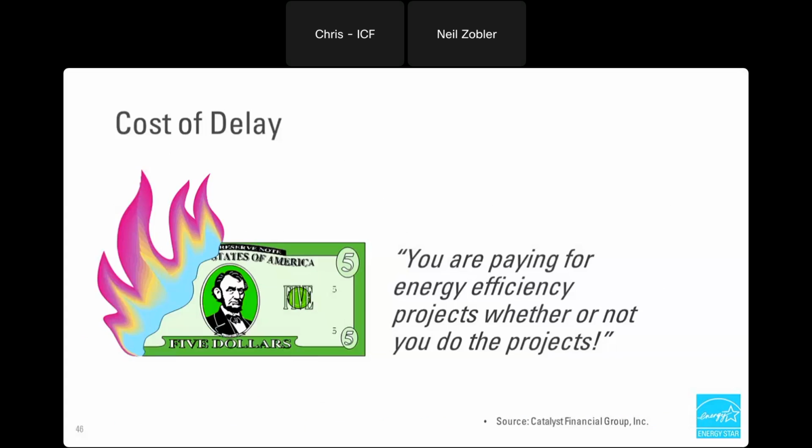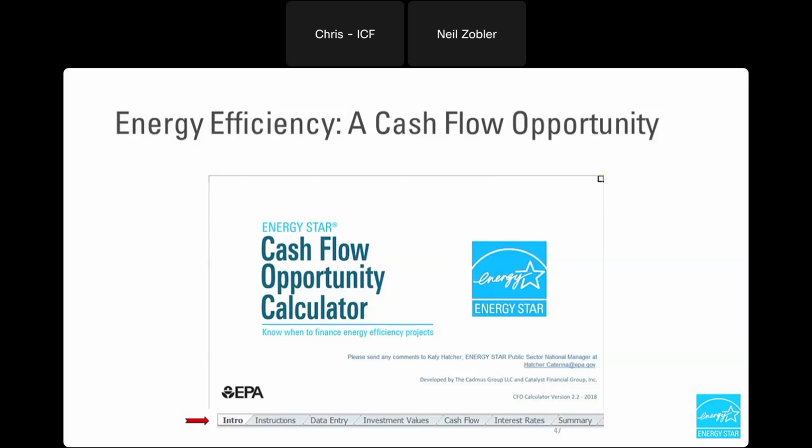Therefore, you're continuing to pay for what you could be doing to improve and reduce your total operating costs by choosing not to do the project. So again, if the energy savings are greater than the cost of doing the project, the financing cost, to me, that should be a no-brainer.